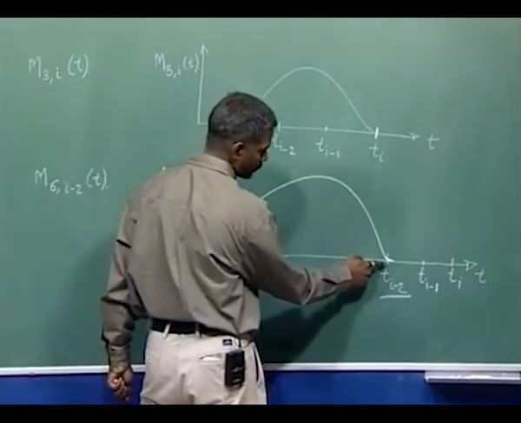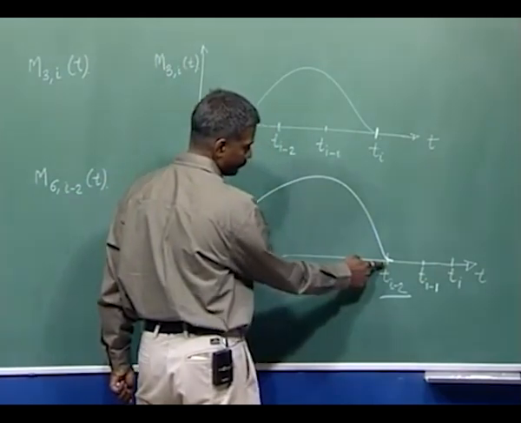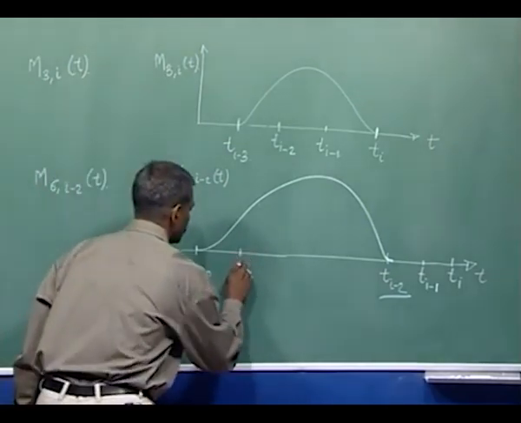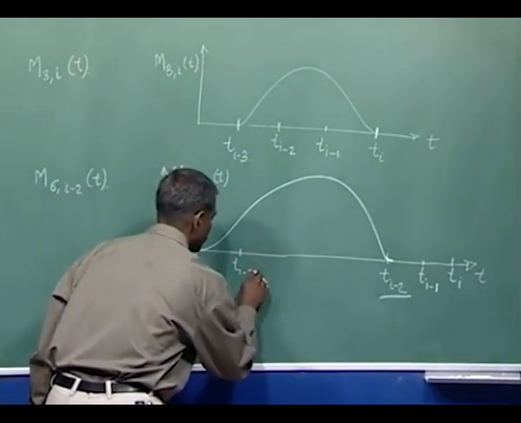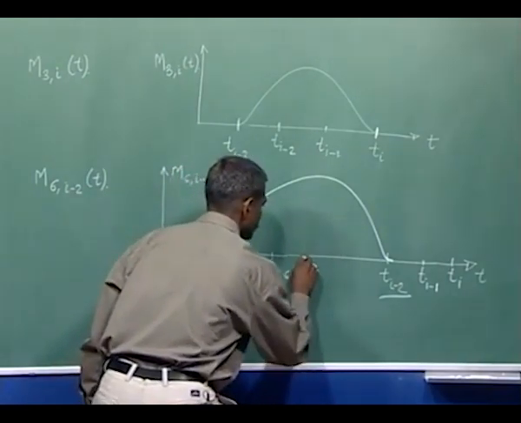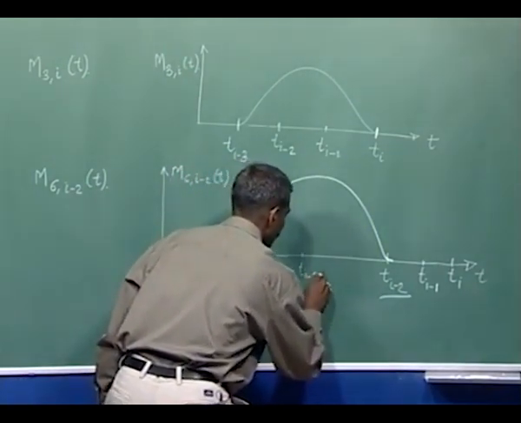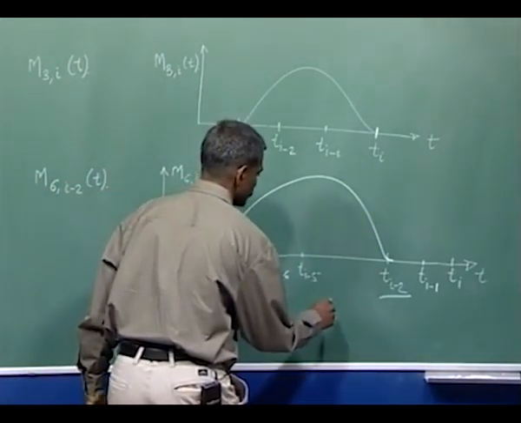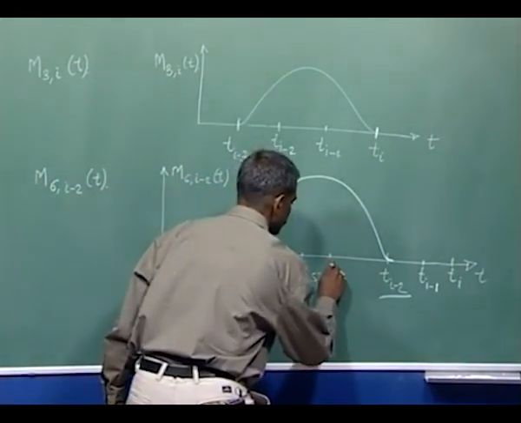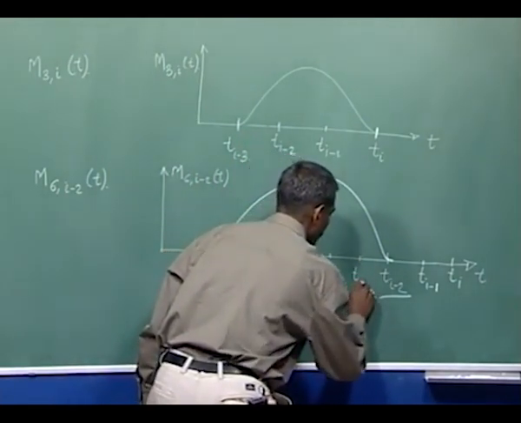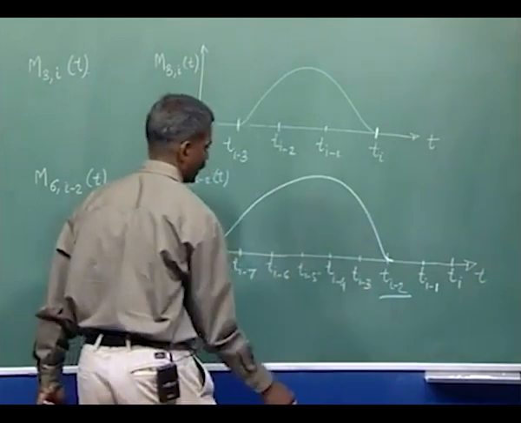So I cannot have a non-zero slope here. So how about the intermediate knots now? t_(i-7), t_(i-6), t_(i-5), t_(i-4), t_(i-3), and then we have t_(i-2) here.